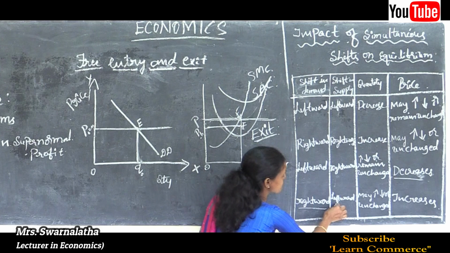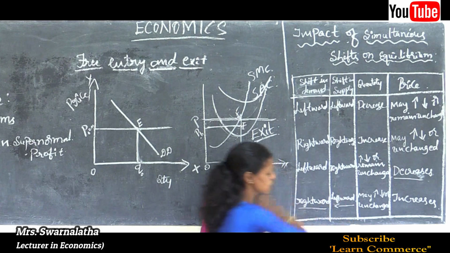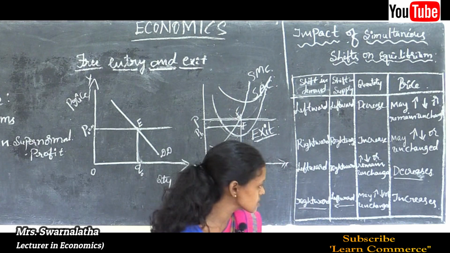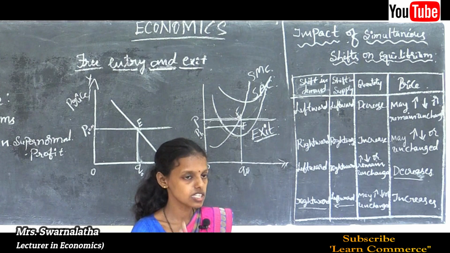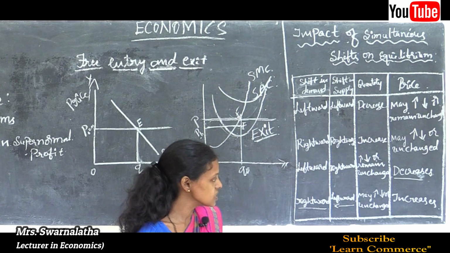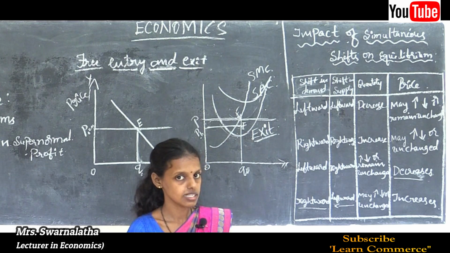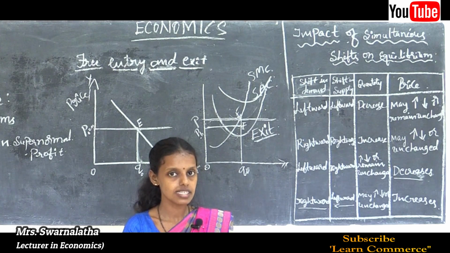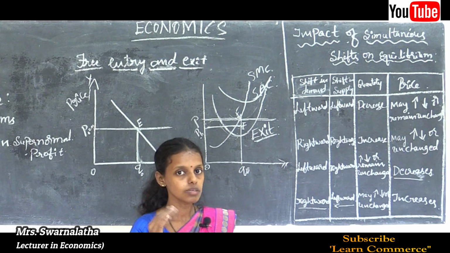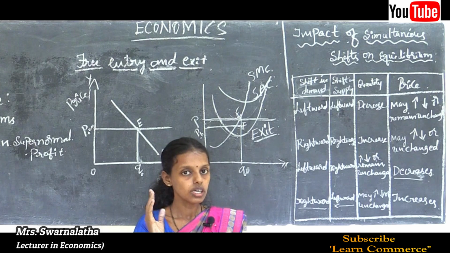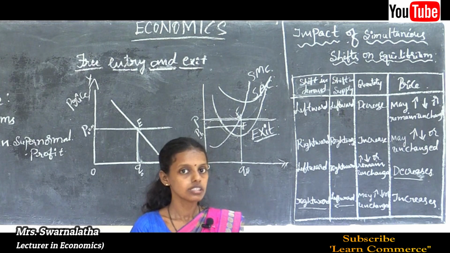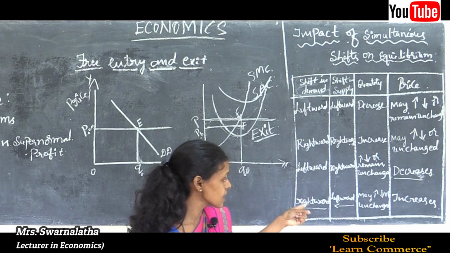So, when the supply curve shifts leftward, supply decreases, quantity may increase, decrease or remain unchanged, but price increases. So, when the price increases, during demand increases the firms control the market because less supply is there.